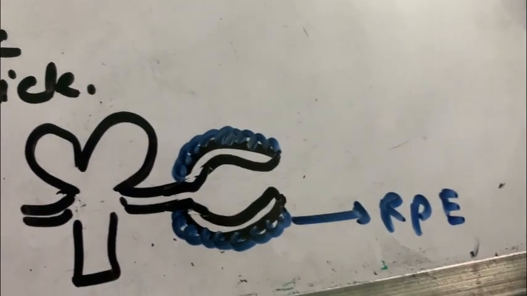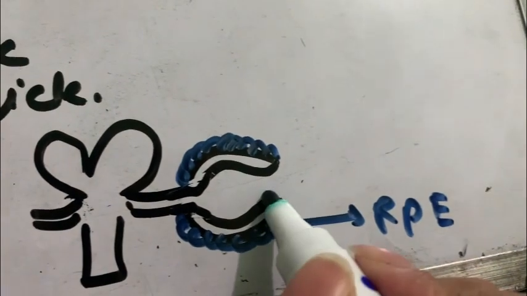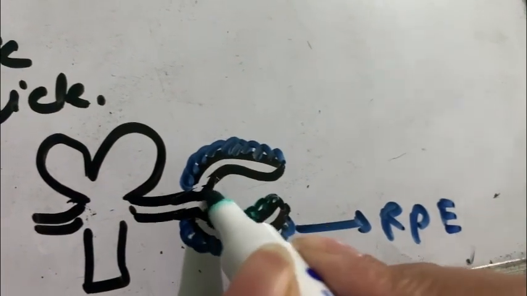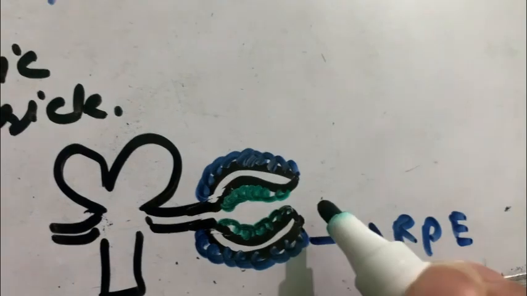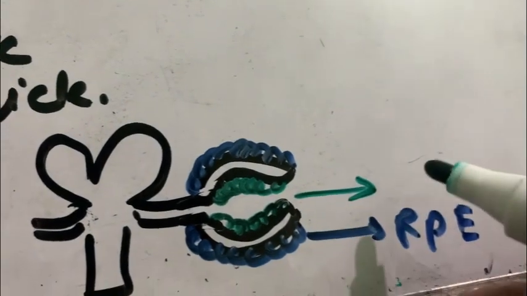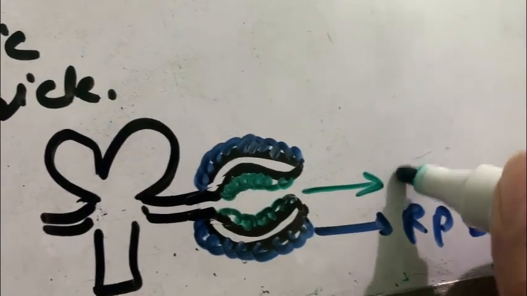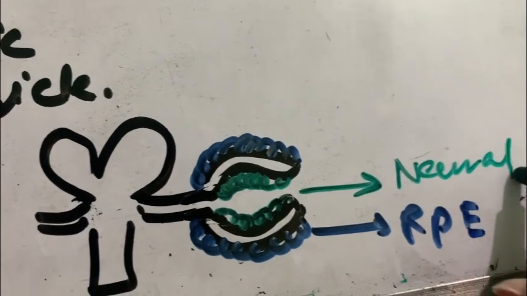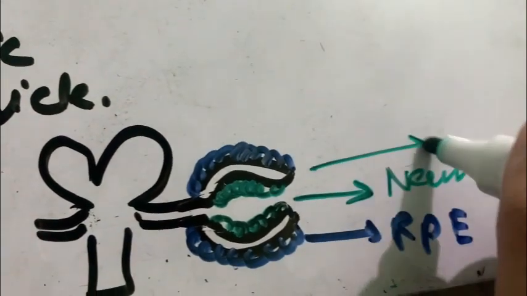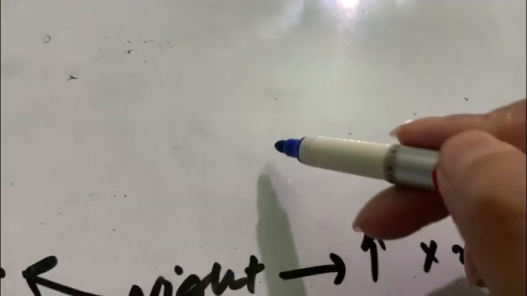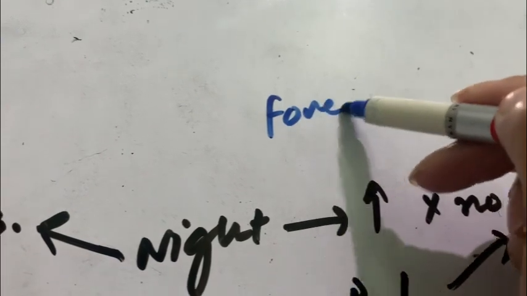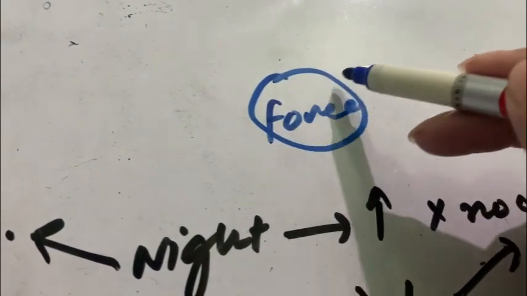So the inner layer is the neural layer, and this is how the retina starts. Okay, talking about the blood supply, as we discussed, the part of the fovea that is basically inside the macula is an avascular part.